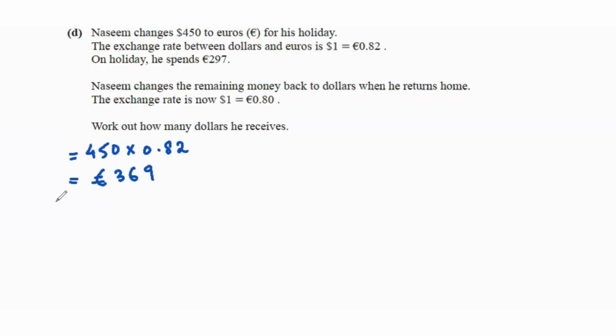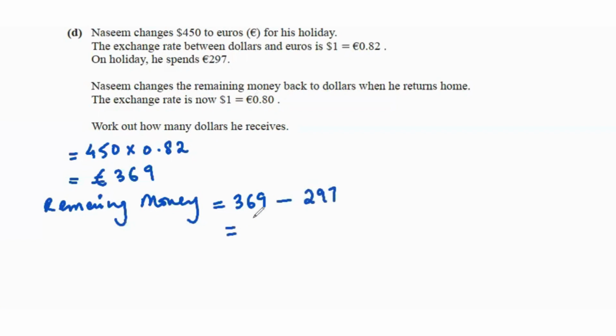Then we find how much is left. The remaining money is 369 euros, which he changed, minus what he spent, which is 297. So 369 minus 297 is 72 euros. That is the amount that is left.